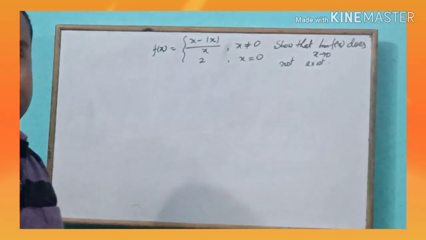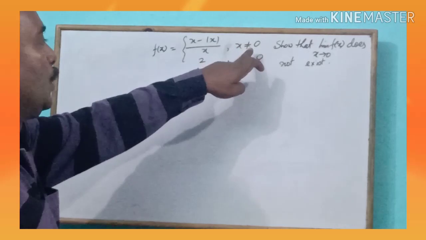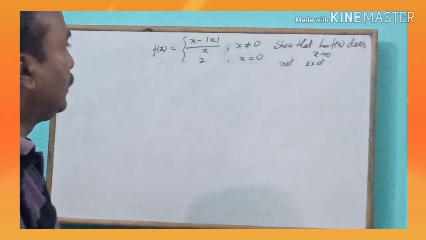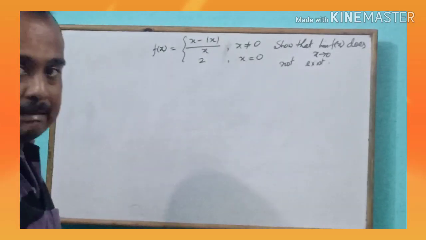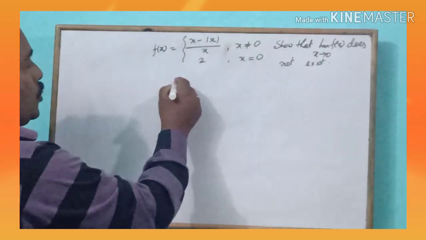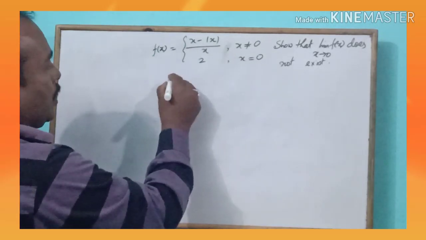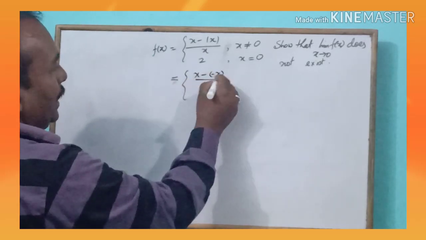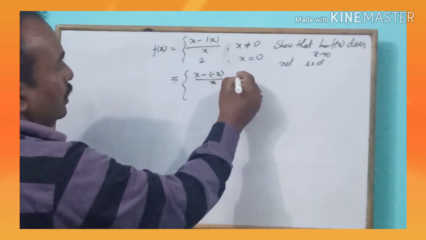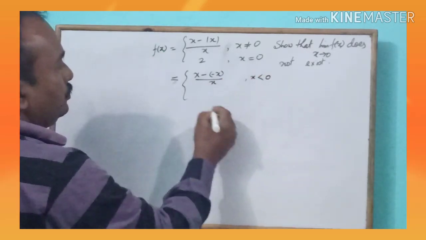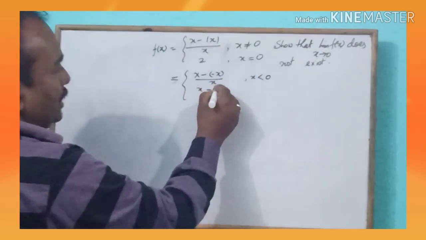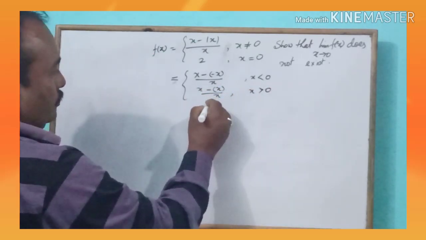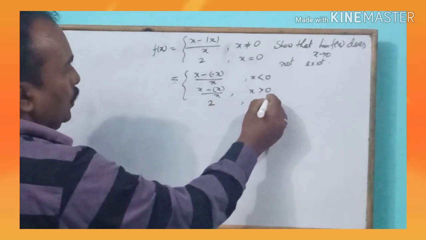Now we need to redefine the function, because here it is x not equal to 0, and here it is mod, so we need to break up the function and get the values for x less than 0 and x more than 0. So it is like this: x minus of minus x by x when x is less than 0, and x minus of plus x by x when x is greater than 0, 2 when x is equal to 0.